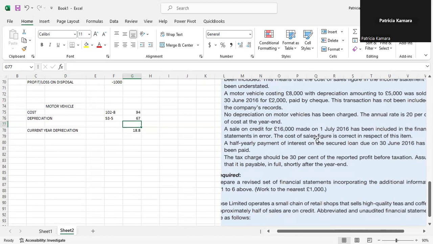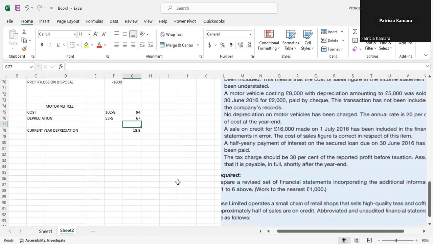So it is a transaction that has occurred on or before 30th June that should be included in our books. But mistakenly, we had included a transaction that occurred on 1st July 2016, which should affect the subsequent year financial statement, not the reporting year financial statement. Okay. So it means that our sales figure has been overstated.